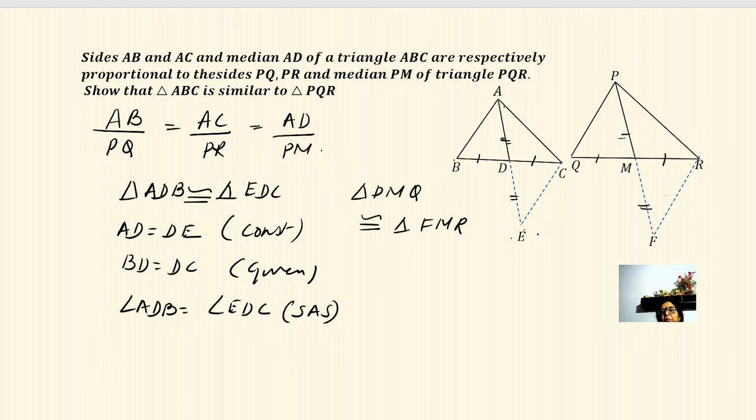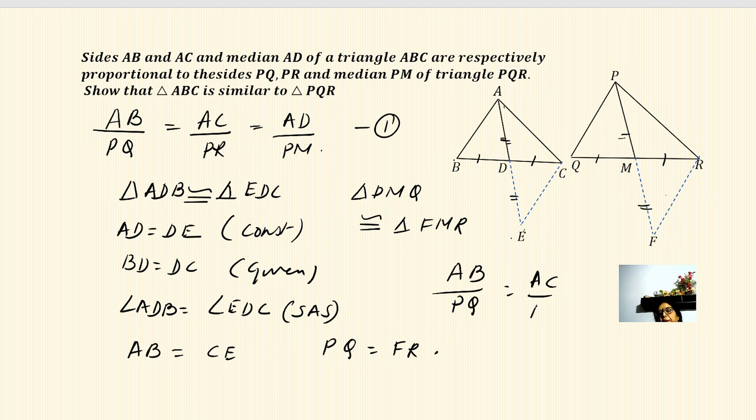So AB becomes equal to CE, and in this triangle PQ becomes equal to FR. Now if we go back to the original relation that we are given, AB by PQ is equal to AC by PR is equal to AD by PM.